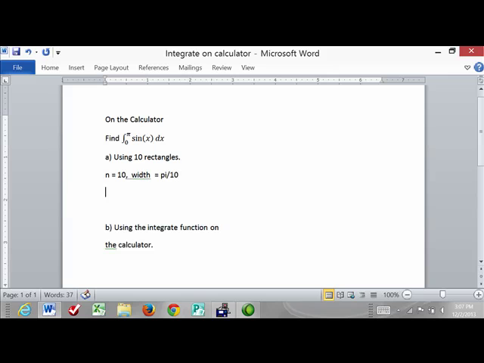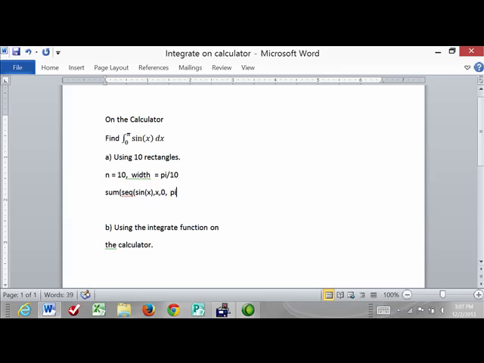And to do 10 rectangles, we have to do the sum of the sequence of sine of x, then comma, x, and then we have to decide if we're going to do a right-hand or left-hand sum. Let's say we do a left-hand sum. We will start at 0, and we'll go to pi minus pi over 10.